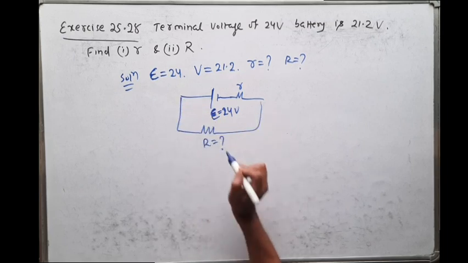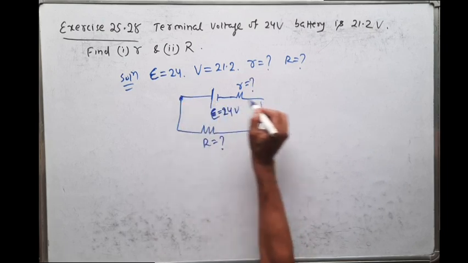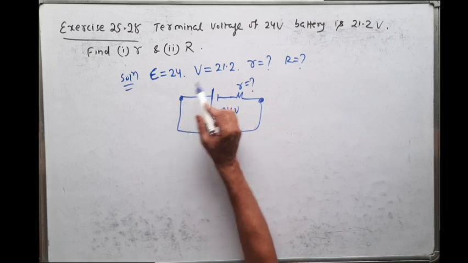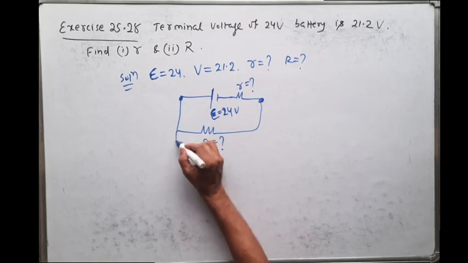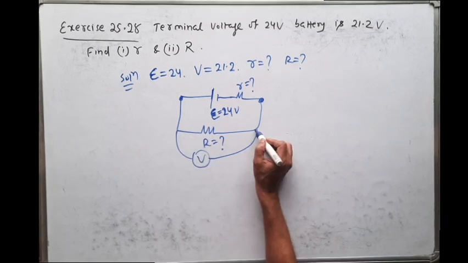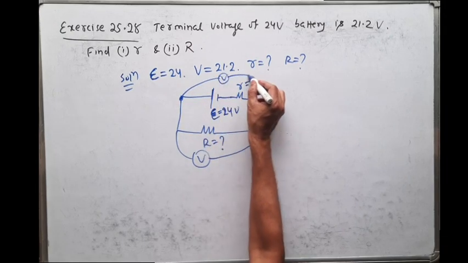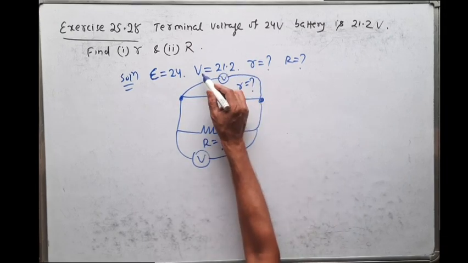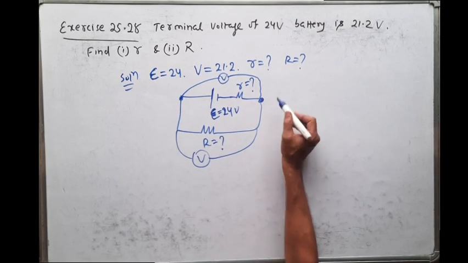We don't know this R value, we don't know this internal value, but the terminal potential difference is given 21.2 volt. That means the voltage across this is equal to terminal potential difference, which is same as voltage across this battery. So V is given, E is given, but R and r are not given.